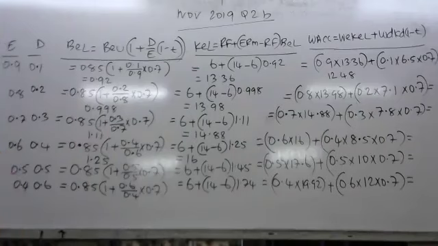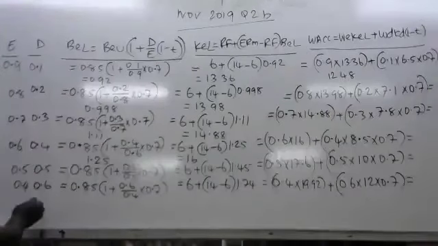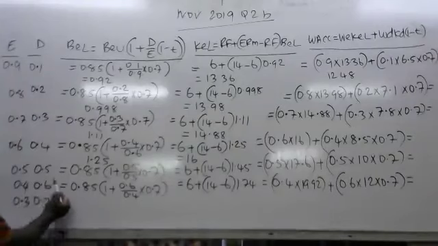Then finally, we go to the last one. So the last one will be 0.7, which means this one is 0.3.